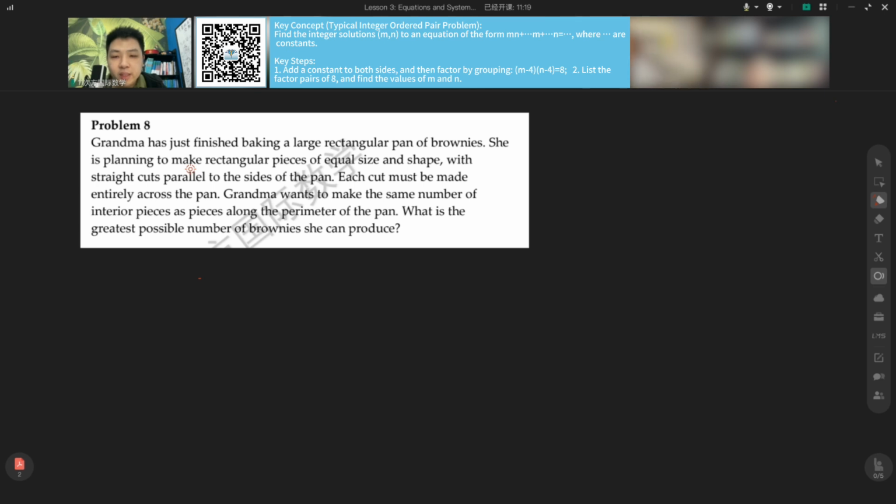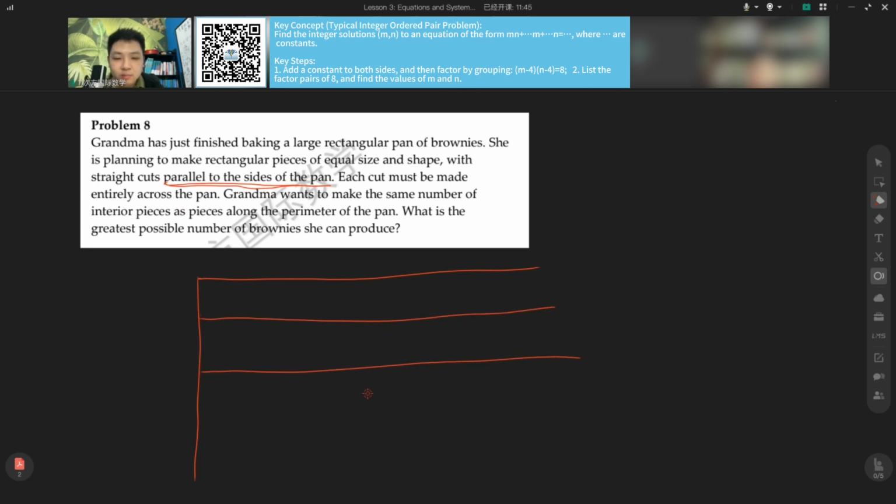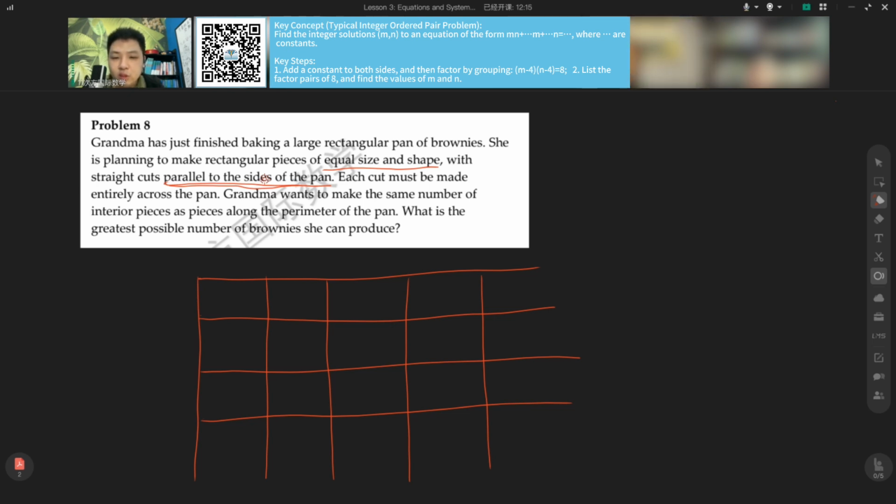She is planning to make rectangular pieces of equal size and shape, with straight cuts parallel to the sides of the pan. 这一大块布朗尼呢，就这样的，它是一个长方形的，然后呢，它就是也平行着它的边切了很多刀。Equal size and shape，这些它的形状是完全一样的，都是长方形。Each cut must be made entirely across the pan，就直接穿过去。Grandma wants to make the same number of interior pieces as the pieces along the perimeter.